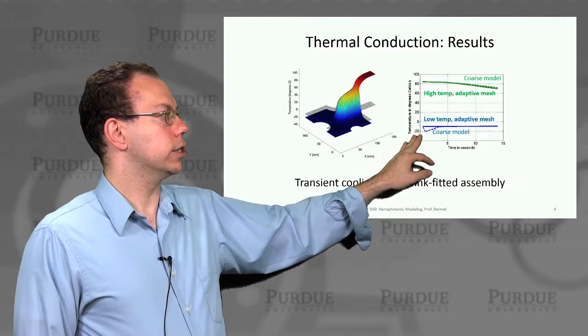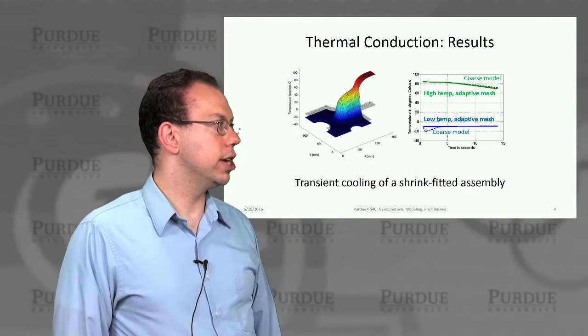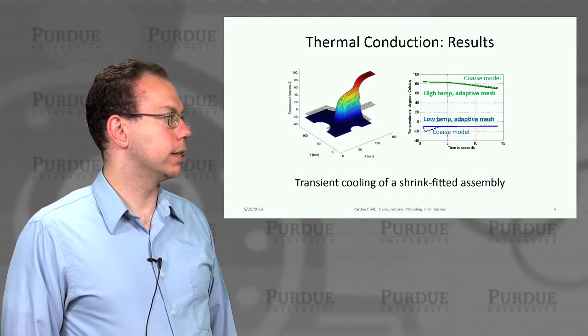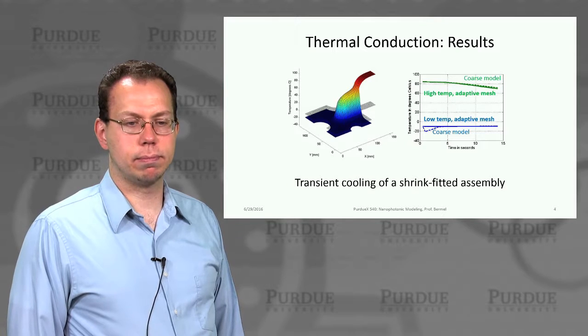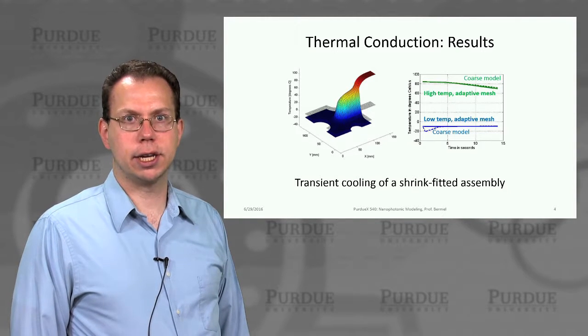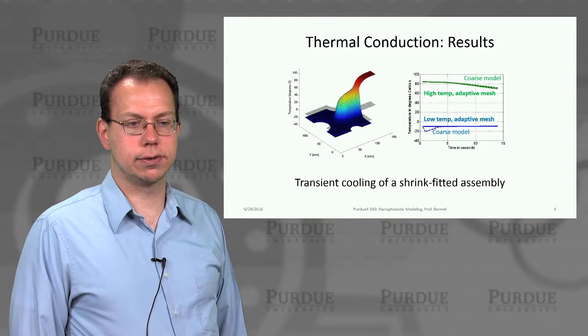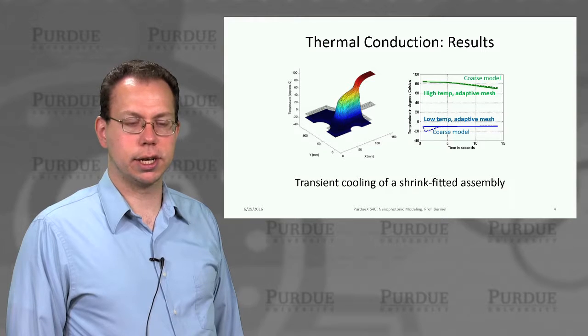And you can see that what's interesting is the coarse model has an initial deviation from the correct answer at the beginning, but then there's also a small deviation at the end. But that big deviation at the beginning is very unphysical. And so you actually know for a fact that that's wrong just from conservation of energy. So it's a huge problem, actually.